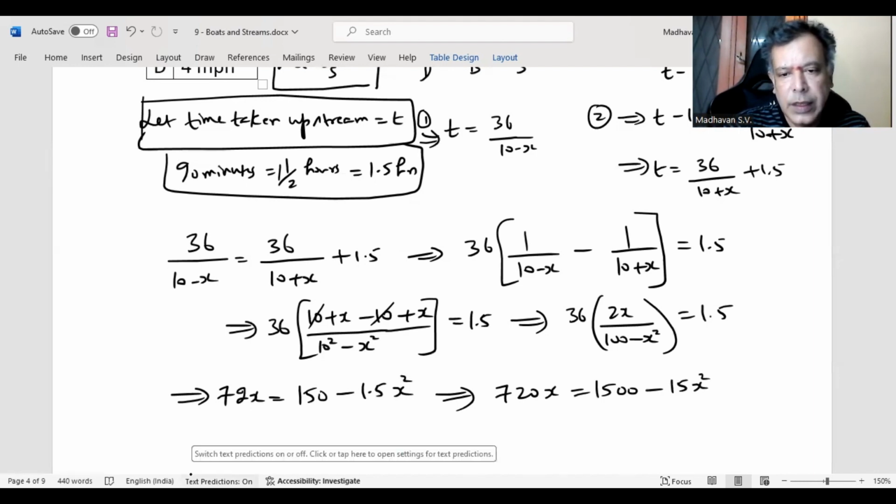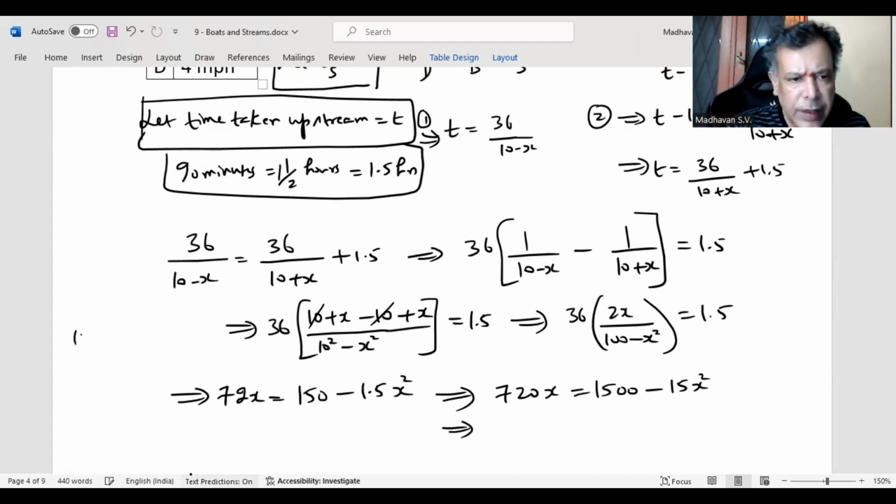Dividing both sides by, can we divide it by 15? 15 fours are 60, 15 eights are 120, yes. So we can divide both sides by 15 to get 48x equal to 100 minus x square.